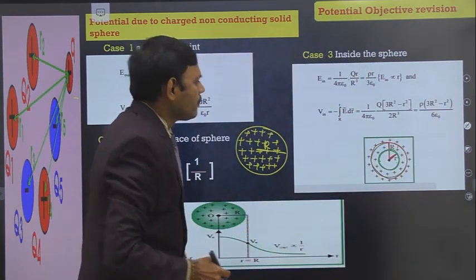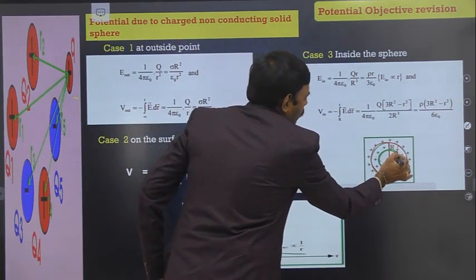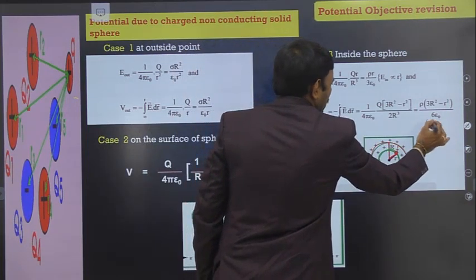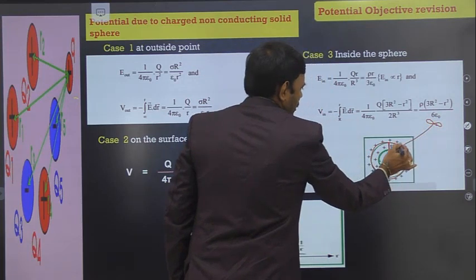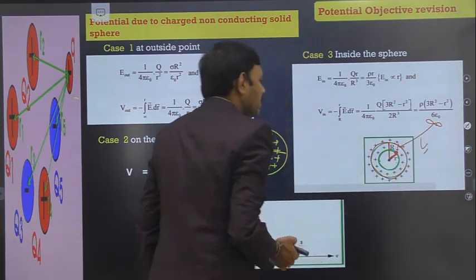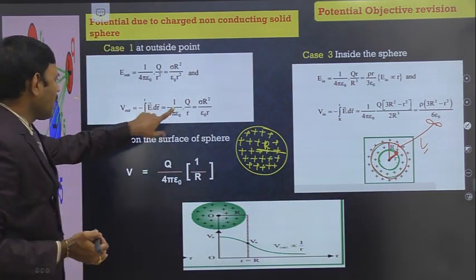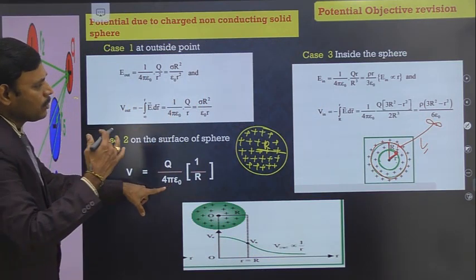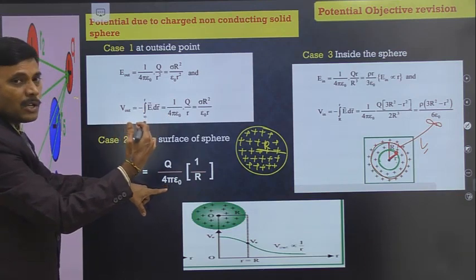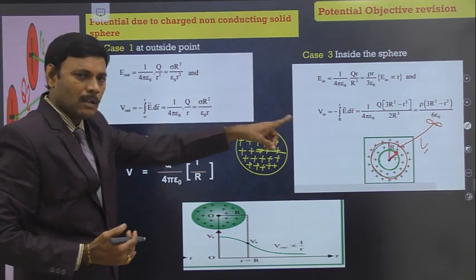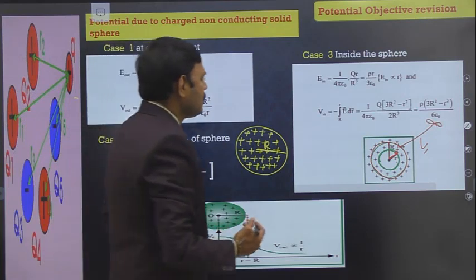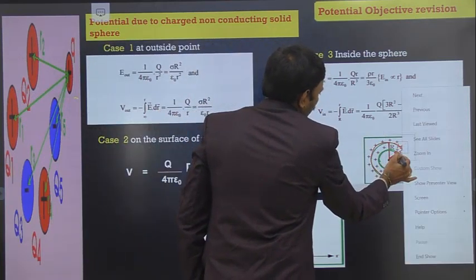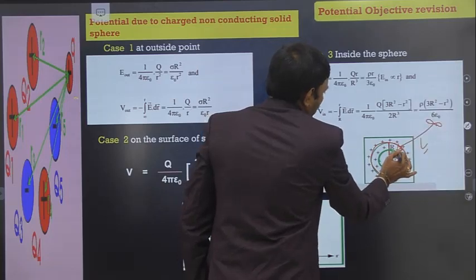Then at this point, what is the potential? The work required to bring a unit positive charge from infinity to the surface of the sphere is V1. V1 is given by the formula 1 by 4 pi epsilon naught q by R. And V2 is the work done in bringing the unit positive charge from the surface to the given point.